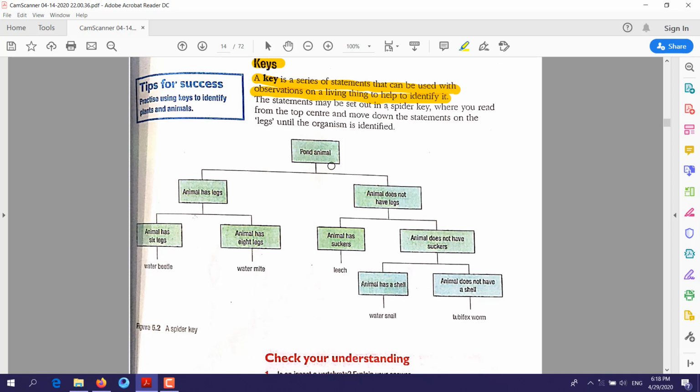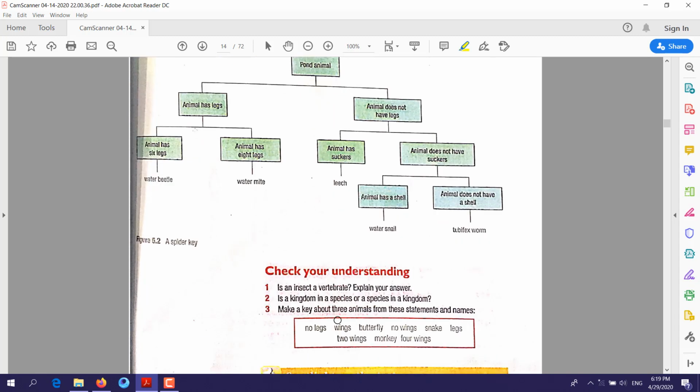For example, a pond animal: this animal has legs or doesn't. If you have an example of an animal and you follow these statements and questions, at the end you will be able to identify this organism.